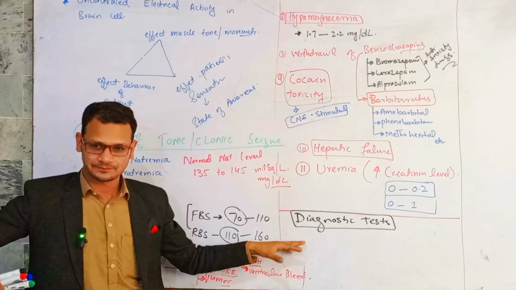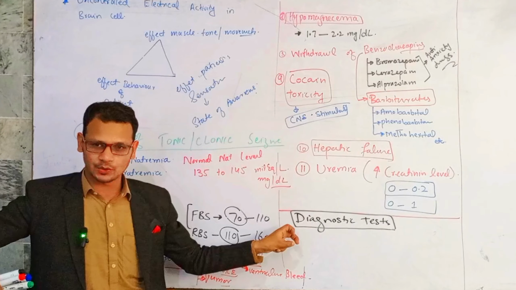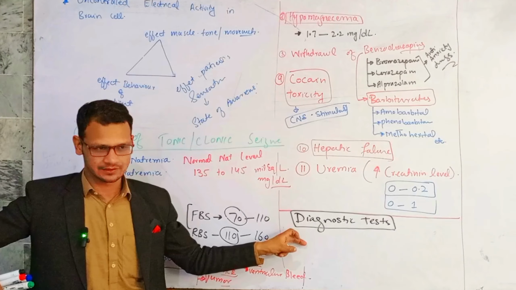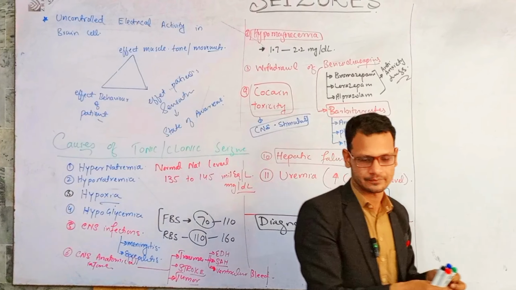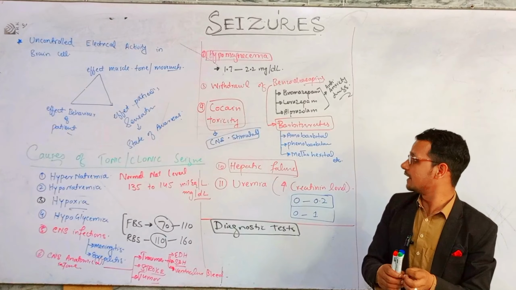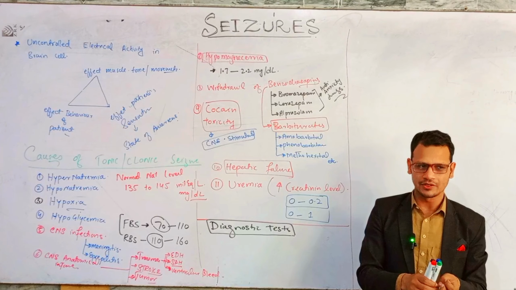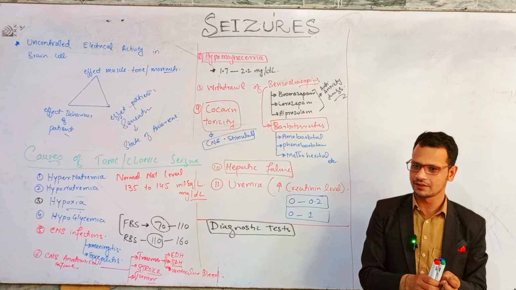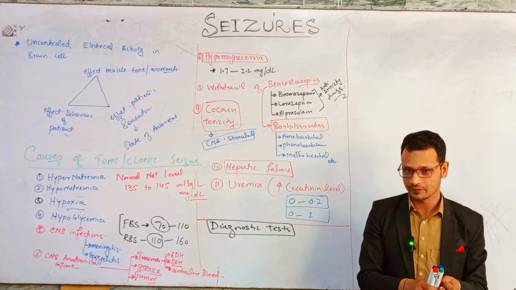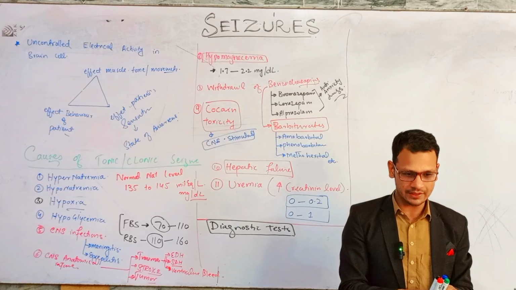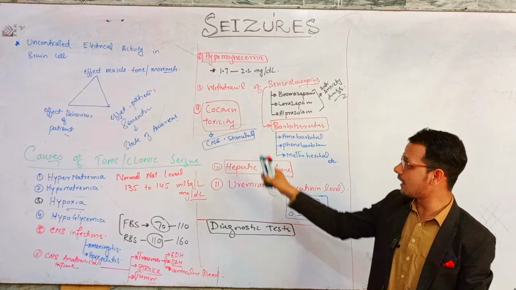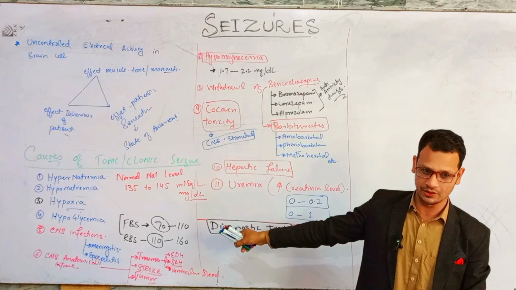But I cannot advise EEG directly. This is one of the big mistakes in our hospitals, that they advise EEG directly. EEG cannot detect seizures directly. You will advise EEG after you investigate all the tests other than EEG.